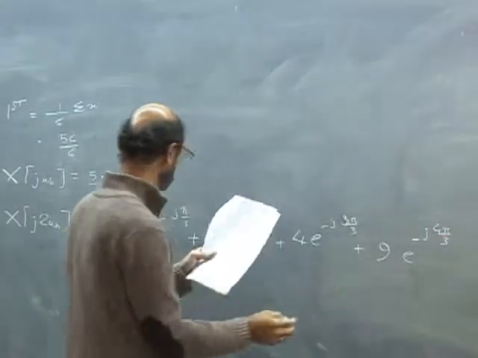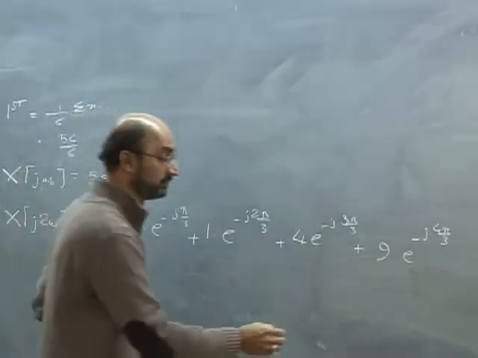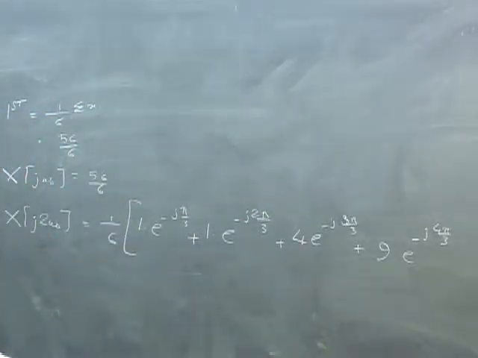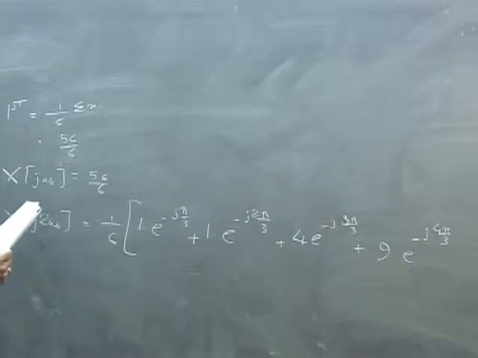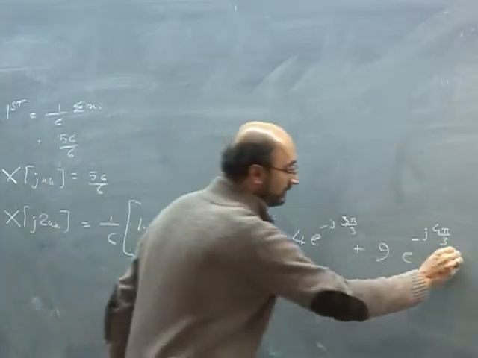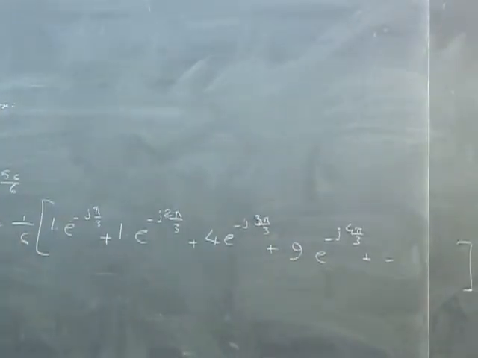Am I doing this right? I think so. 4, yeah, 9. And so, beg your pardon? I think, yeah, let me see, plus whatever, it goes up to 16 and 25.